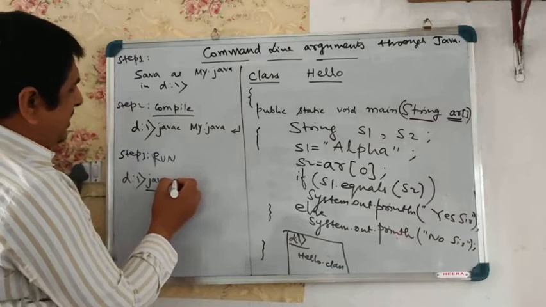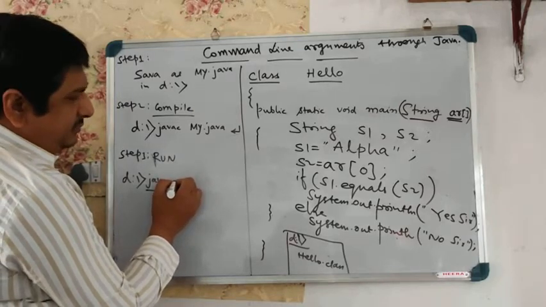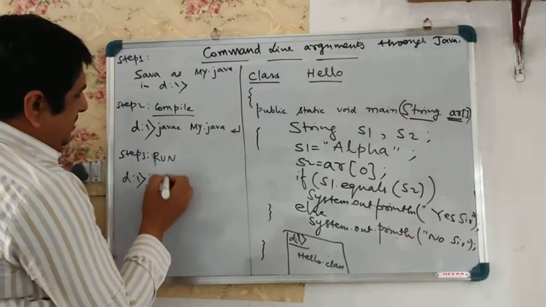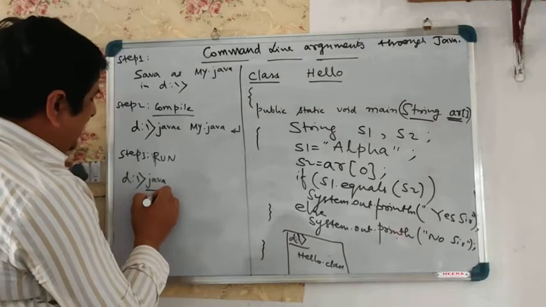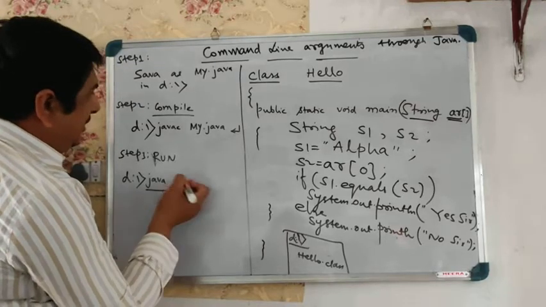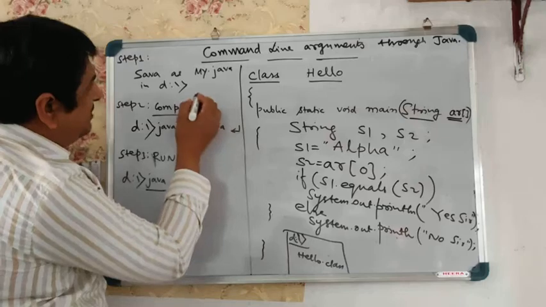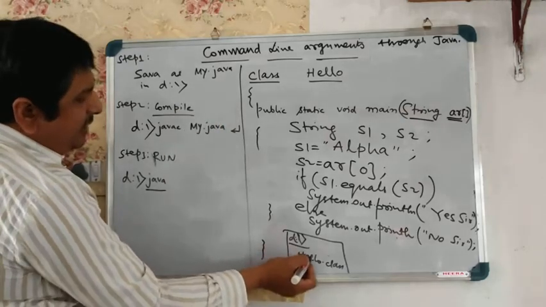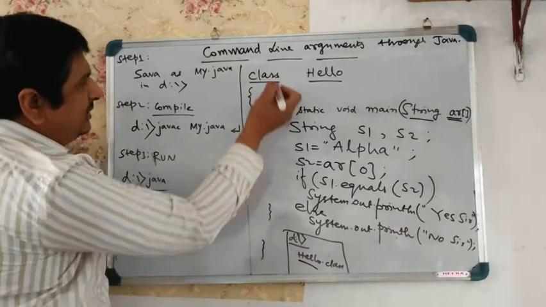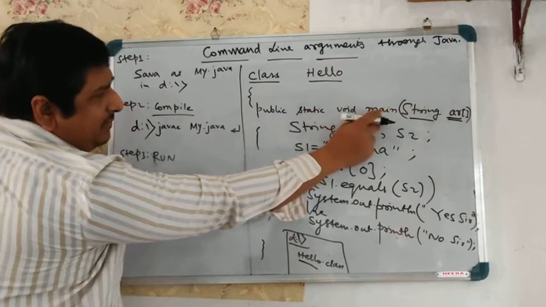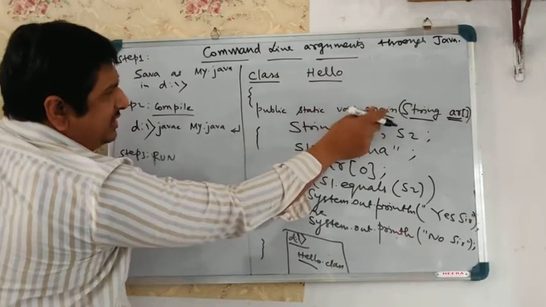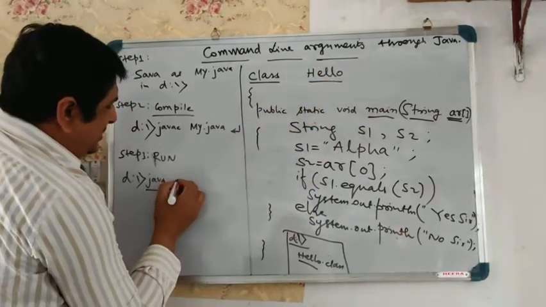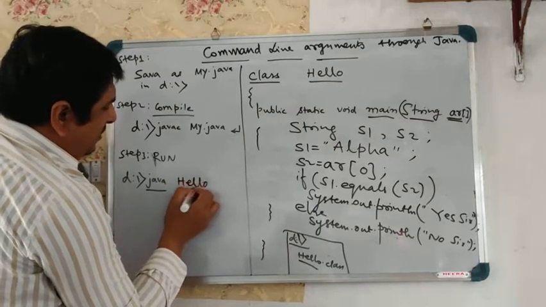What is the name of my bytecode? Java is here, our interpreter, and then the bytecode name will come, like Hello, because main is the method and it is present inside Hello. So your execution will start from here.